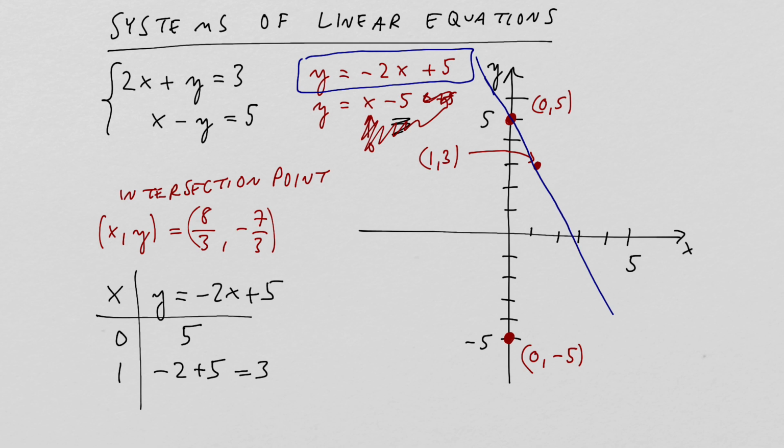The factor in front of x is 1, so if x increases by 1, y also increases by 1. So the point 1, minus 4 is also on the line, and if we increase x by 5, y would be 0. So also this point is on the line. The second line goes through these points.